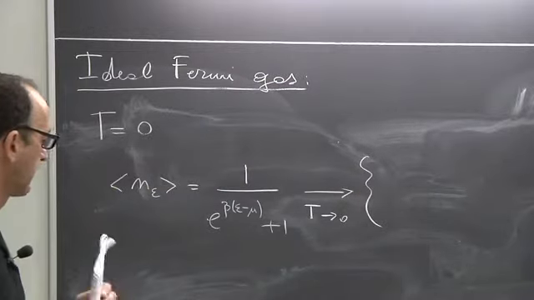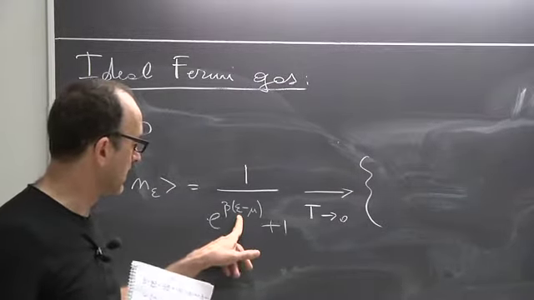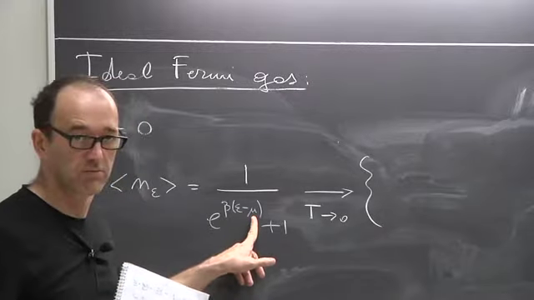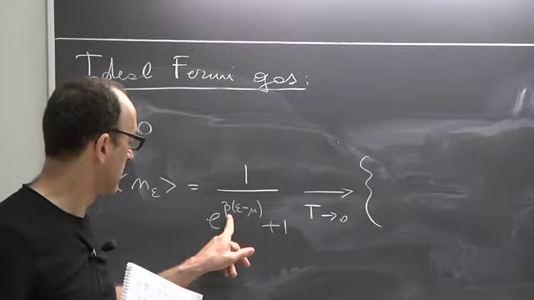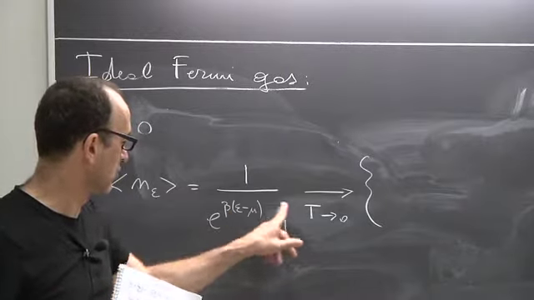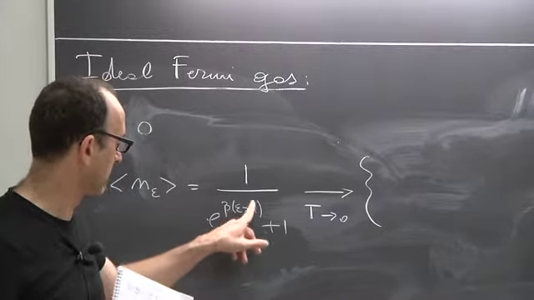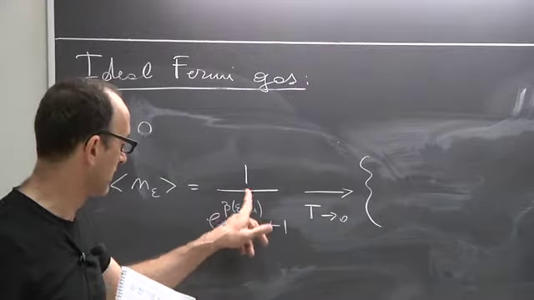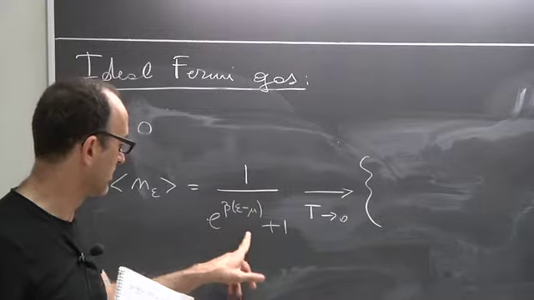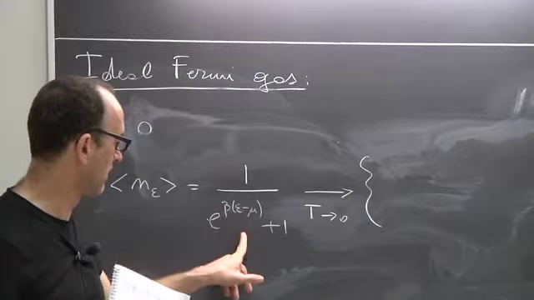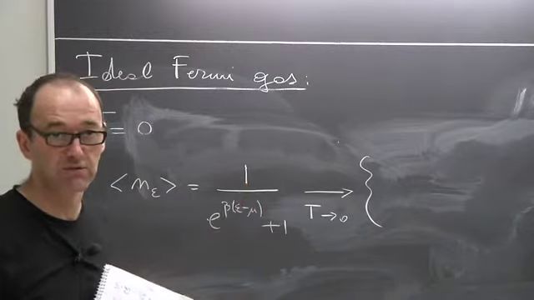So when the temperature goes to 0, you see, if epsilon is larger than mu, then beta diverges. So e to the beta times a positive thing becomes very, very large, diverges. So you have 1 over infinite, and it's equal to 0.